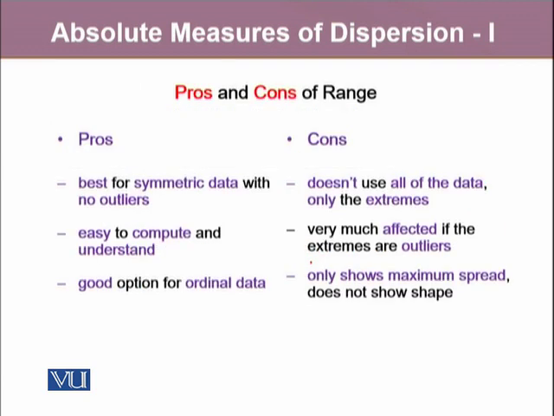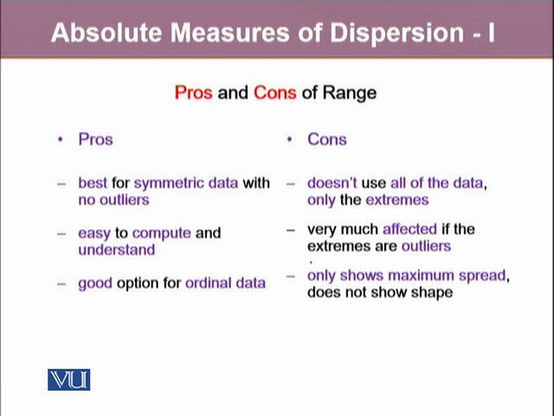There are a few pros and cons that come with the range. It's best for symmetric data with no outliers, because, like other measures, the range also gets affected by outlying observations. It's easy to compute and understand and a good option for ordinal data. Whereas it has its disadvantages: it does not use all the data.